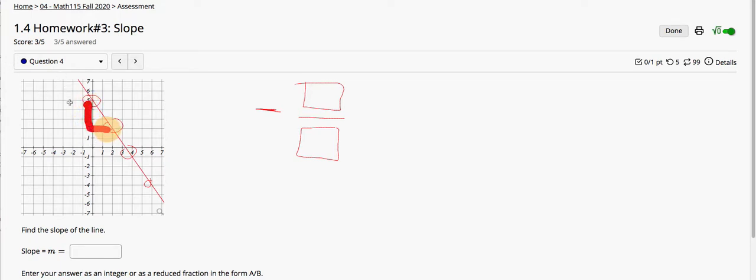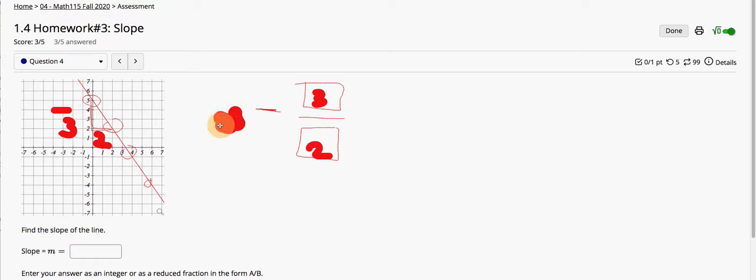All right, I can't see what I just did, so I'm going to erase. It's going to go from 5 to 2, so that's down by 3. Okay, and then from 0 to 2, so that's over by 2. So my slope appears to be a 3 over a 2. Let me see if I can skinny that line down a little bit, because it's a little too big.